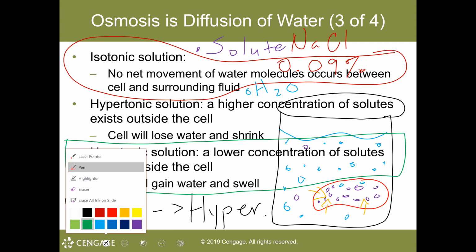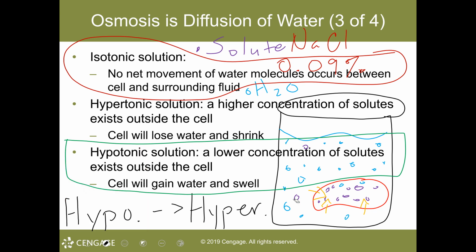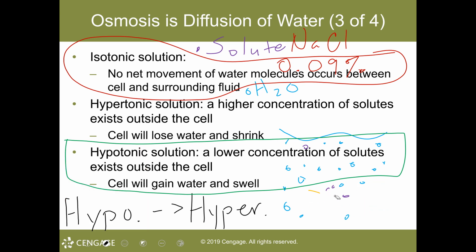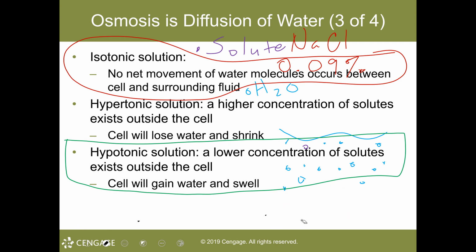And this green, class, looks a bit busy, so we go to my eraser. Plant cells, class, are normal in hypotonic solutions. I'll say again, plant cells, class, are normal in hypotonic solutions. And I'm cleaning the screen so that it's a lot easier, class, to see what's happening.